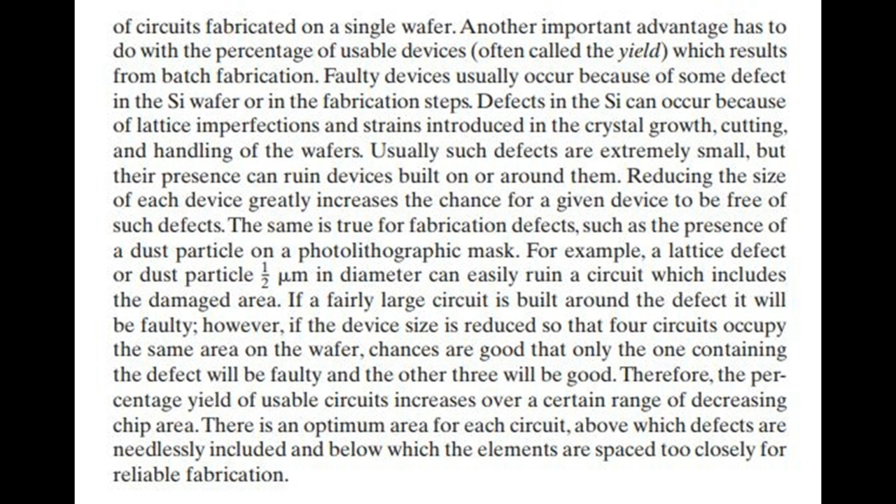However, if the device size is reduced so that 4 circuits occupy the same area on the wafer, chances are good that only the one containing the defect will be faulty and the other 3 will be good. Therefore, the percentage yield of usable circuits increases over a certain range of decreasing chip area. There is an optimum area for each circuit, above which defects are needlessly included and below which the elements are spaced too closely for reliable fabrication.